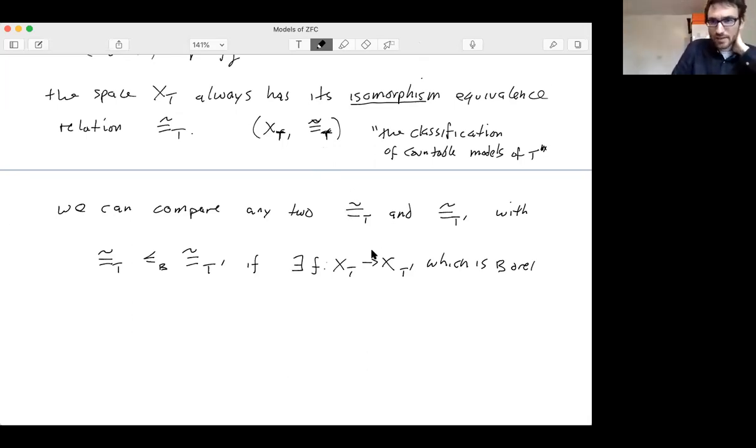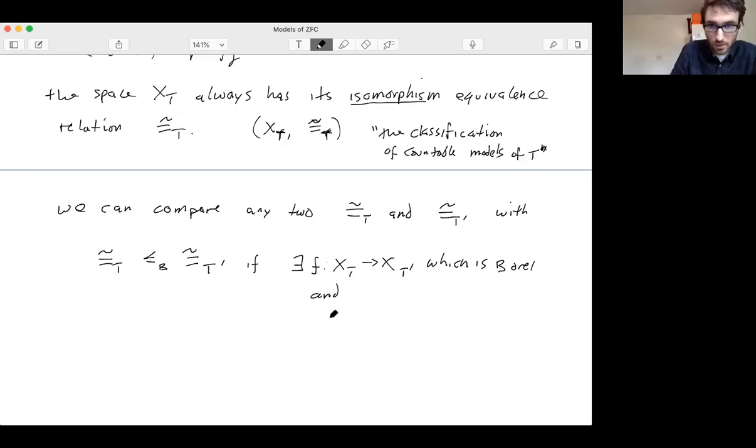So right, at the end of the day, we just care about the Borel sets, so that gives us a lot of flexibility, and we just care about the Borel sets and the Borel functions. So for isomorphism T to be reducible to isomorphism T prime, there should be a Borel function of the domains, and it's kind of classifying models of T being classified by models of T prime.